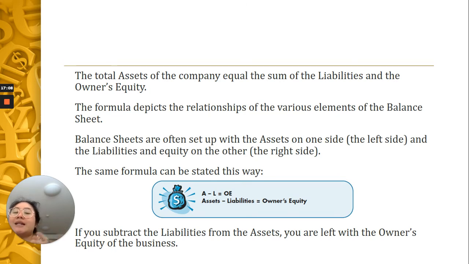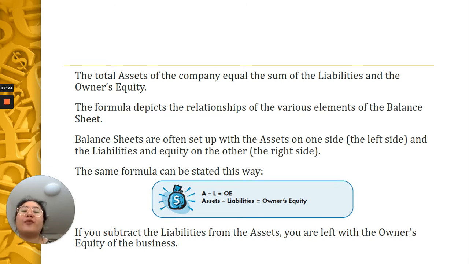The balance sheet is often set up with the assets on one side, the left side, and the liability and the equity on the other side, the right side. So the formula can be stated in this way.